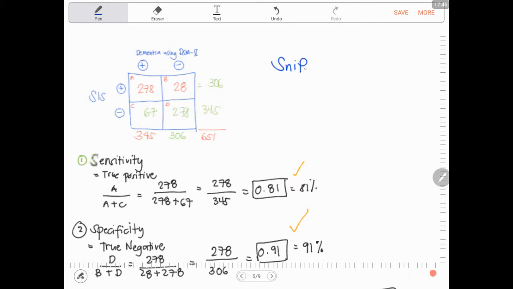So when you say SNP, that's sensitivity is positive for disease, such that when it is negative, wala ka talagang sakit. Negative ka talaga.